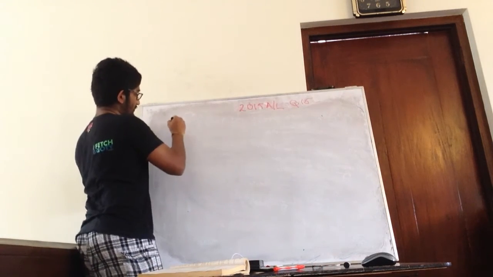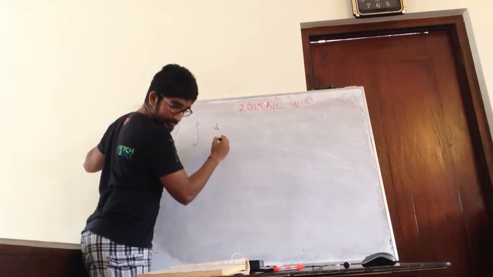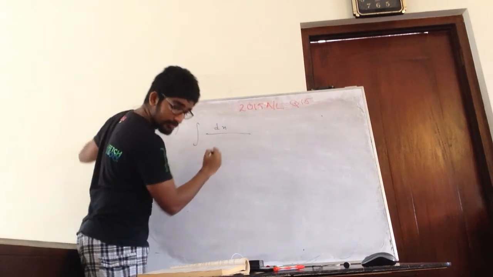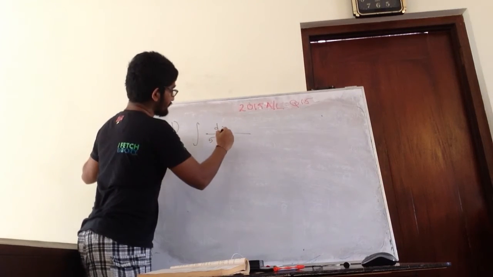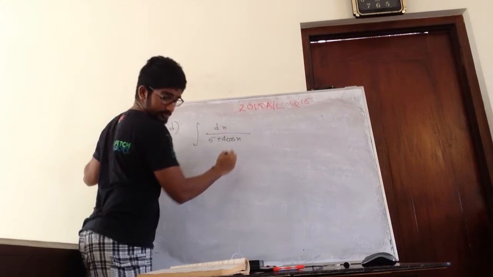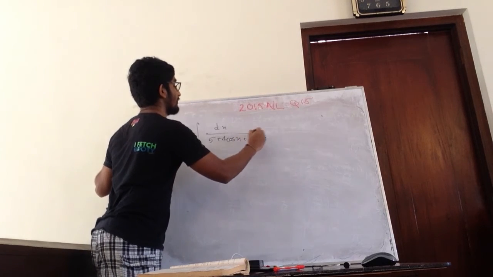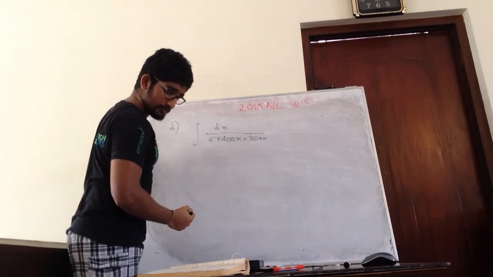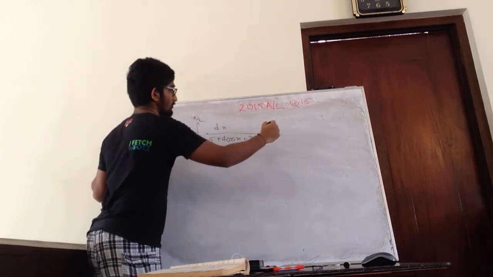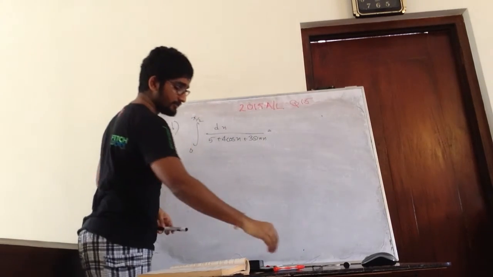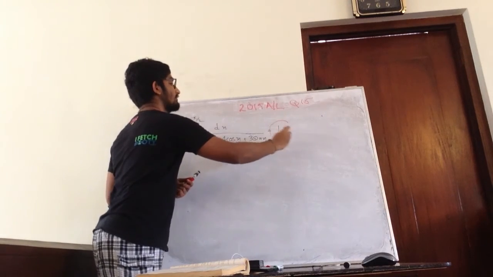Part D: the integral of dx over 5 plus 4 cos x plus 3 sin x, from 0 to 5 over 2. We need to show that this is equal to 1 over 6. This is what we need to show.